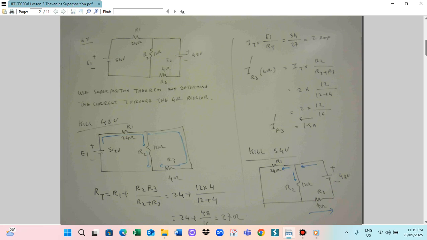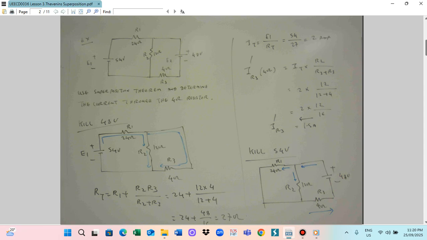Firstly, we have to find the resistance. The 12 ohm and the 4 ohm are in parallel, and in series with the 24 ohm. So R total is R1 plus R2 R3 divided by R2 plus R3.